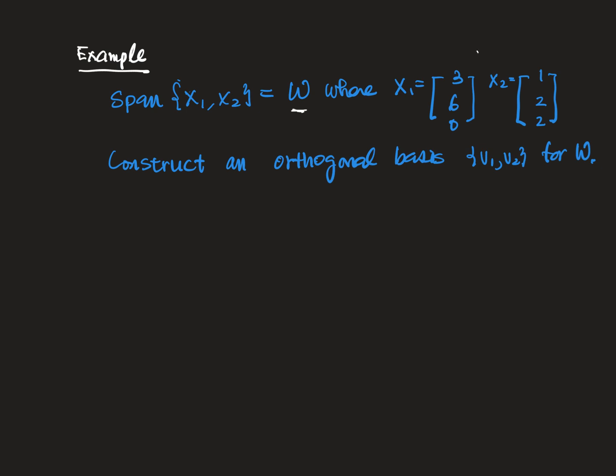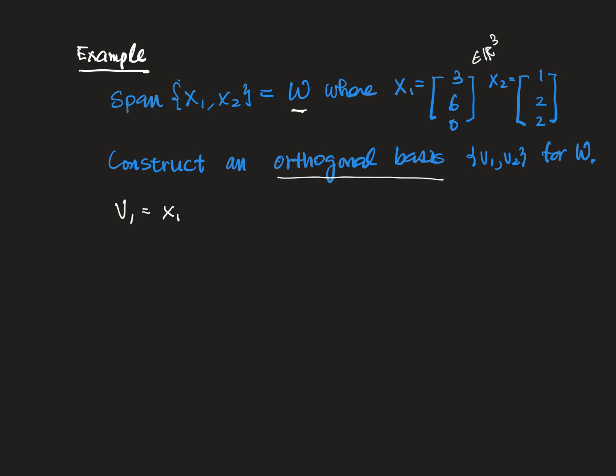These vectors are in R3. We're going to create an orthogonal basis by using the Gram-Schmidt process. That's the algorithm. So how can we create v1? v1 is just x1, the first vector.